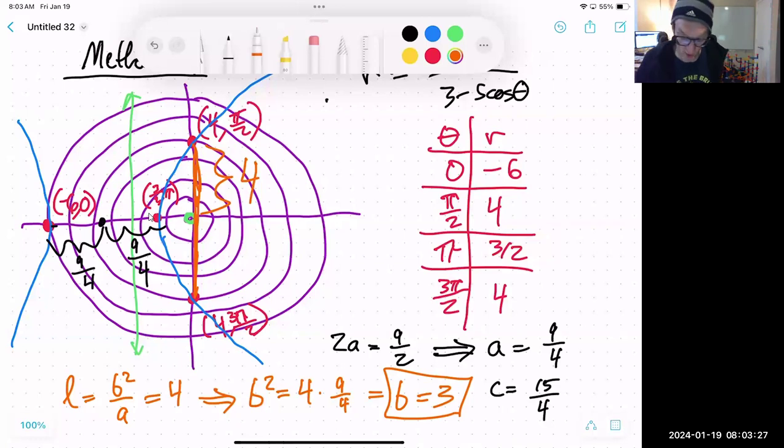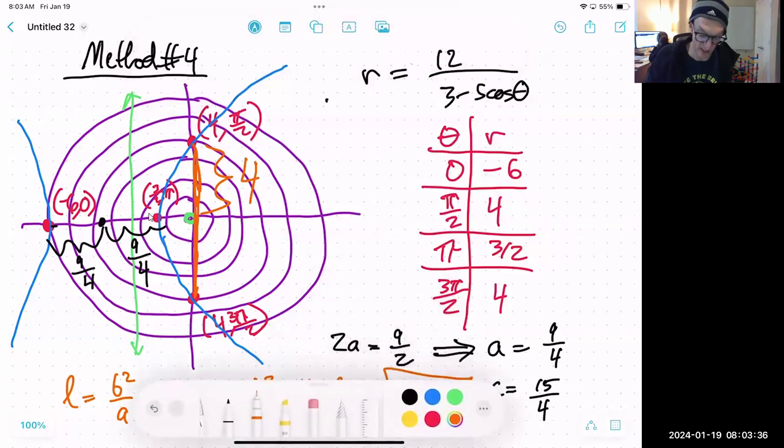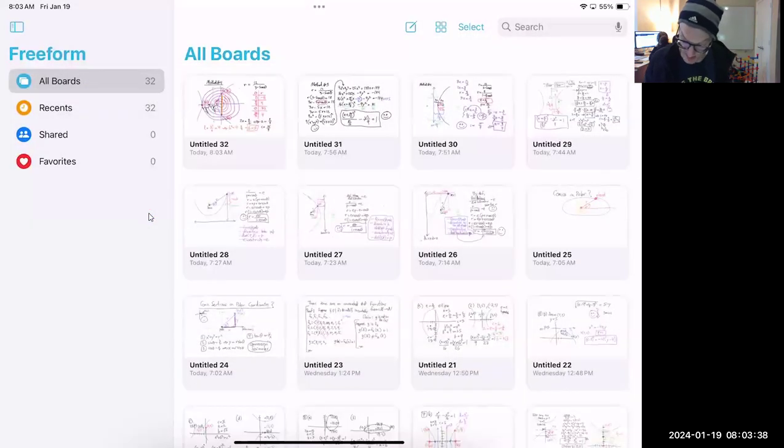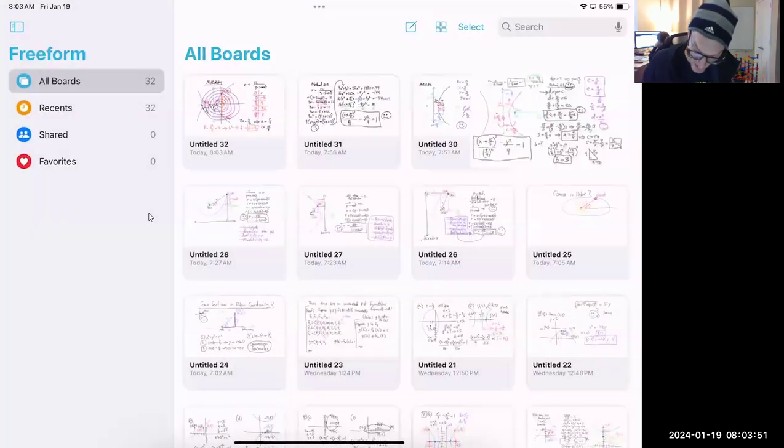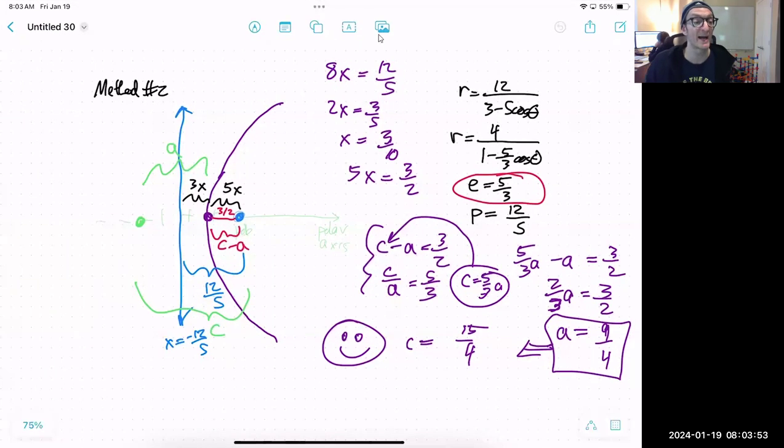These are the 4 ways of understanding, analyzing, graphing, and converting to rectangular a formula given to you in polar coordinates. First way, exploiting all the different various relationships to calculate a directly. The second way was by knowing that the vertex itself must satisfy the definition of a hyperbola.